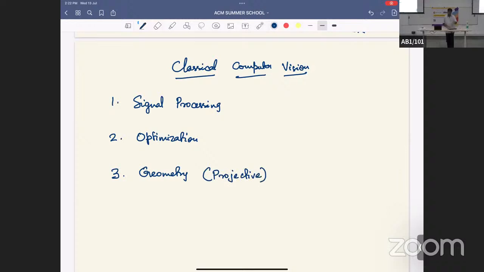This optimization you might have already seen during the earlier lectures, so I'm not going to spend a lot of time on it. One particular thing from signal processing is common both in classical computer vision and in what came afterwards, which is deep learning. One field of deep learning is convolutional neural networks, right? Any vision system used some kind of filters.